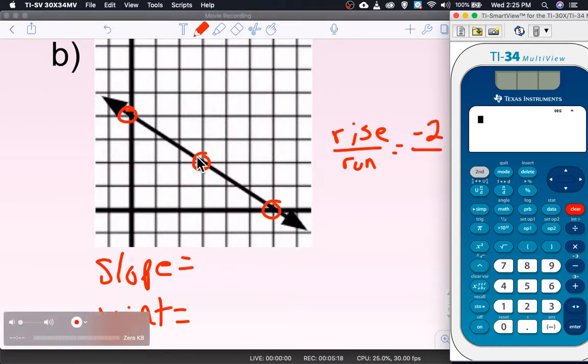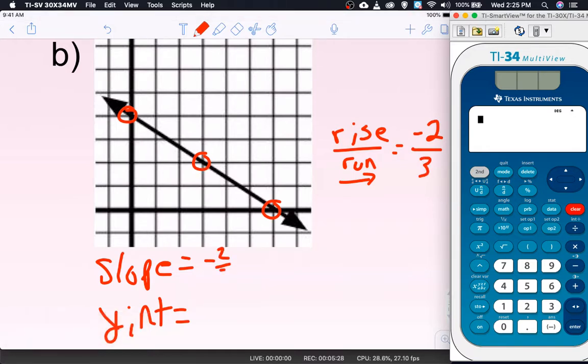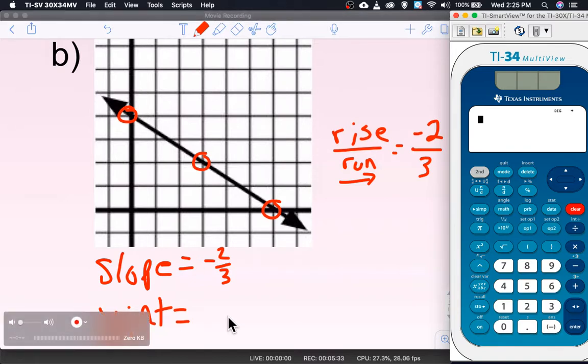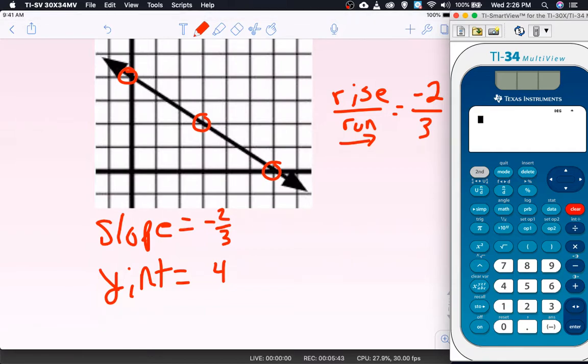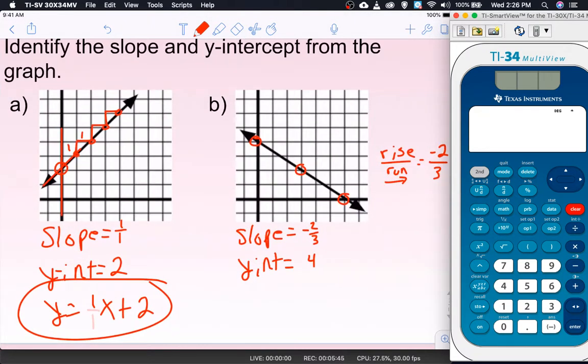From one point to the next, because you always go across from left to right, I'm going down 2 and then over 3. My slope is negative 2/3. My y-intercept is where this line crosses the y-axis, and it's crossing at a value of 0, 1, 2, 3, a value of positive 4. Using just those two pieces, I could write the equation, but I'm not going to for this problem.